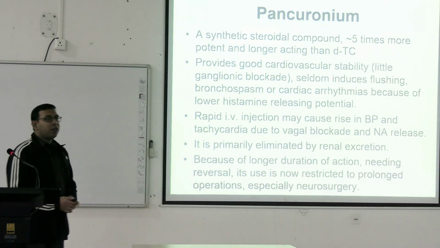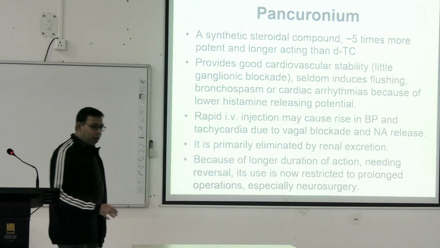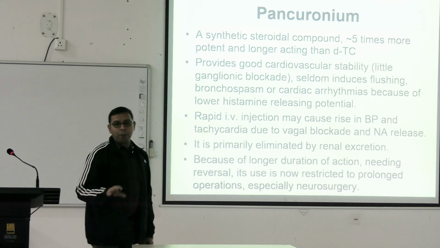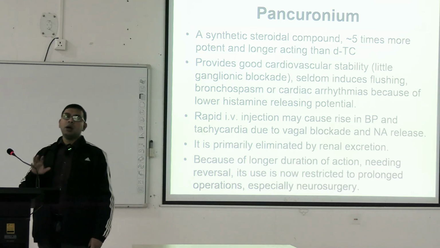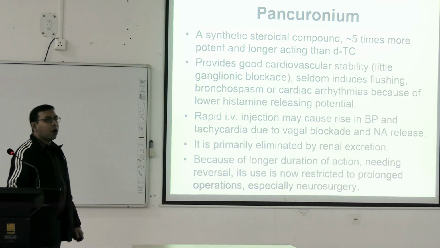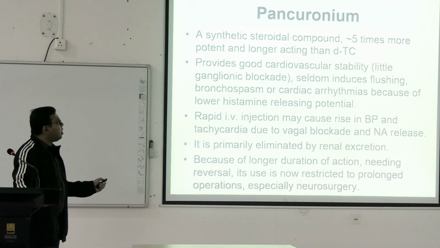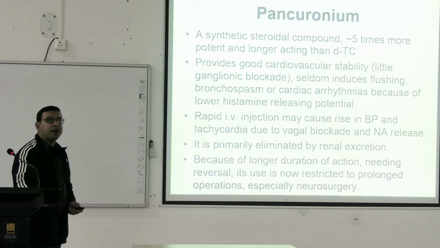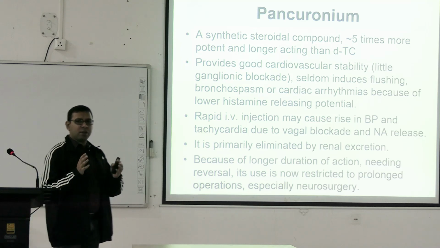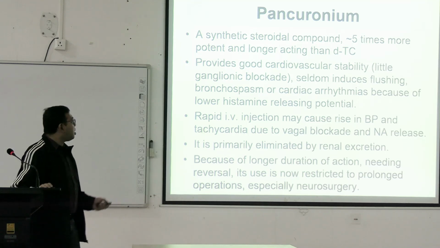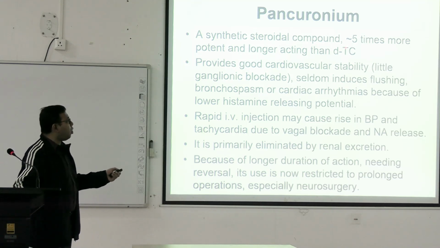Now coming to individual agents, pancuronium. Pancuronium is a competitive neuromuscular blocker, a non-depolarizing blocker, which is long acting. It is a synthetic steroidal compound, 5 times more potent and longer acting than d-tubocurarine. D-tubocurarine is the parent drug, that's why we are comparing everything with this.